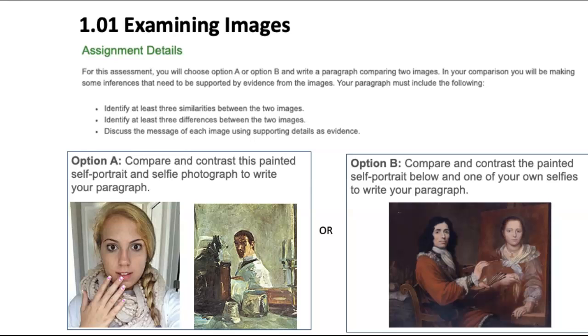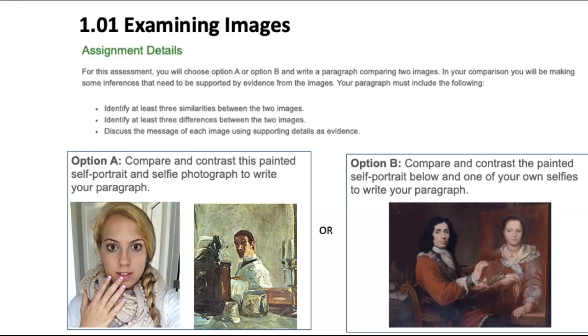Your paragraph must include the following. Identify at least 3 similarities between the two images. 3 similarities. Identify at least 3 differences. Discuss the message of each image using supporting details as evidence.